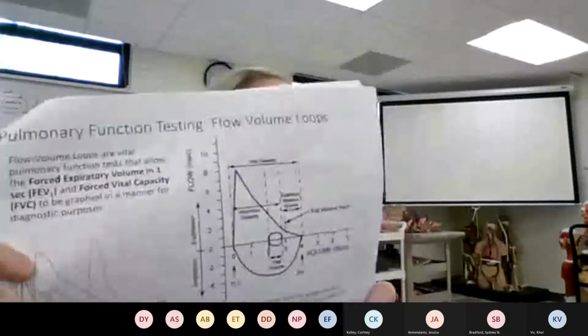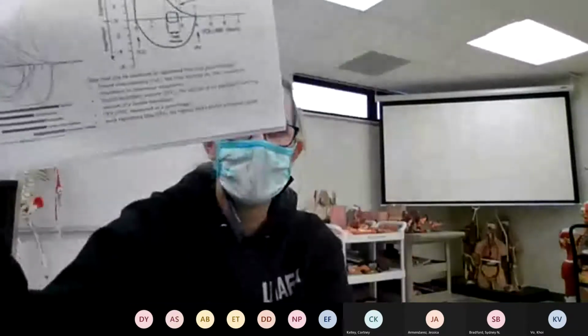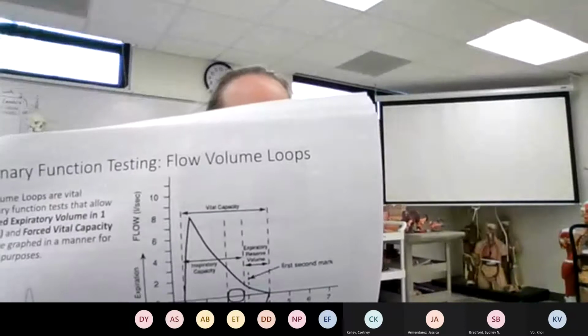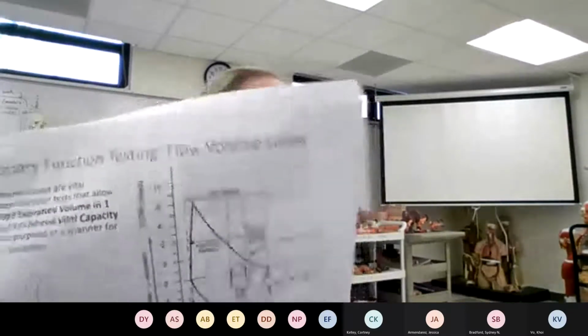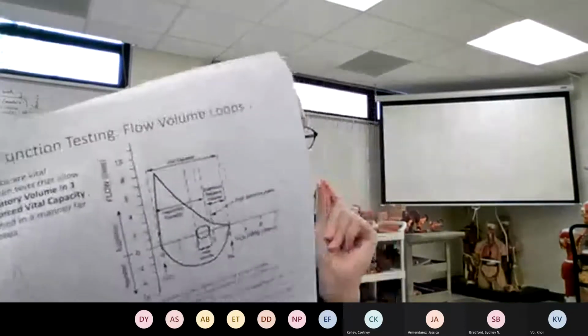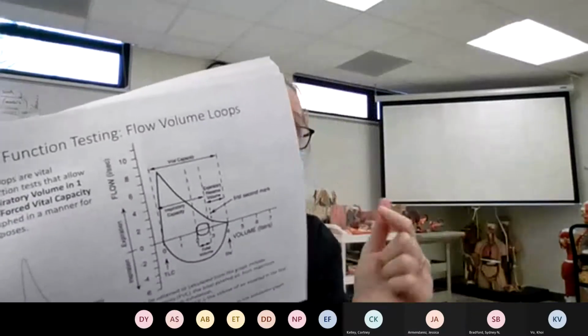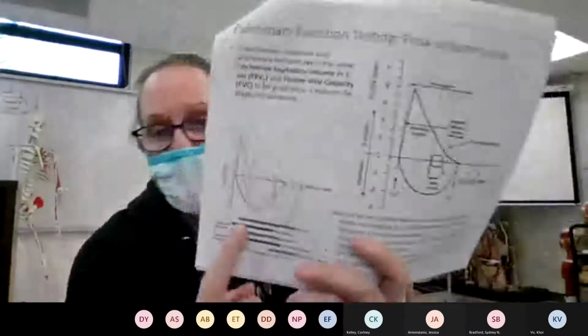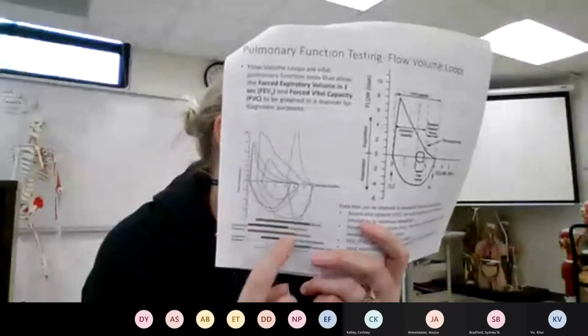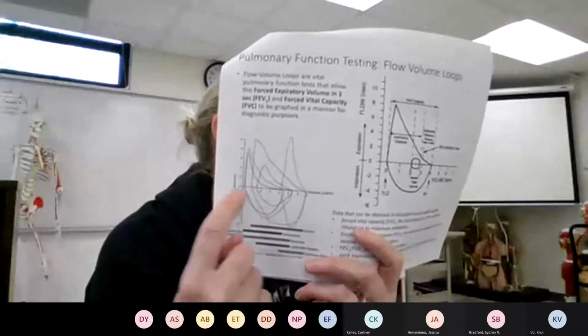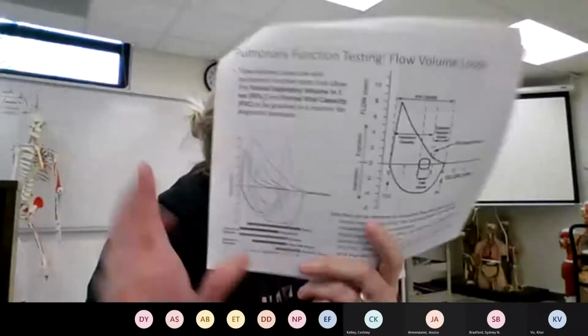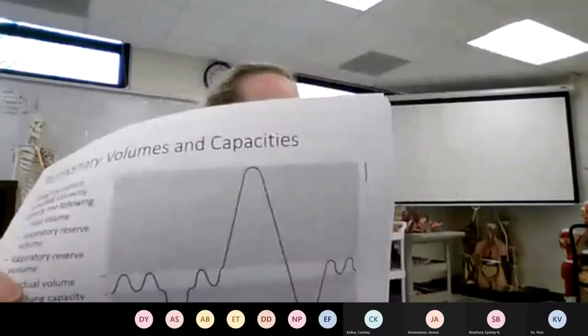But nowadays, everything comes out as the circle graphs. Okay? And again, the circle graphs, especially with diseases where FEV1 is a big diagnostic tool, are going to be better at catching certain disease progressions versus this.